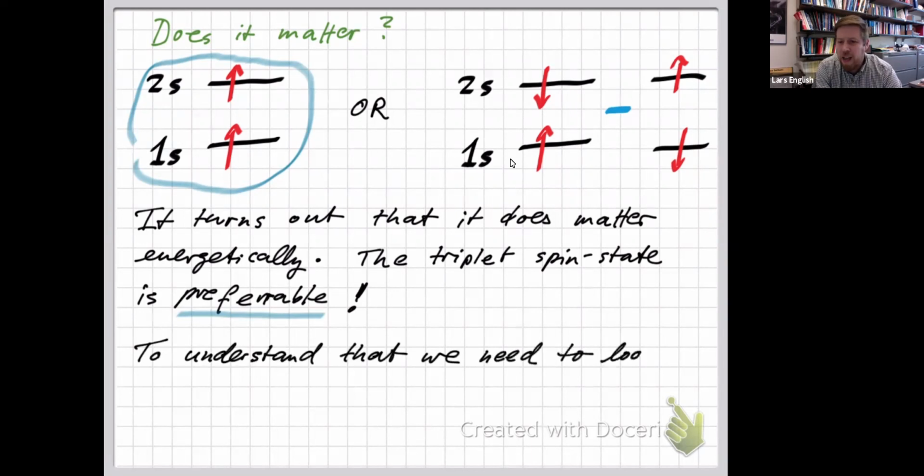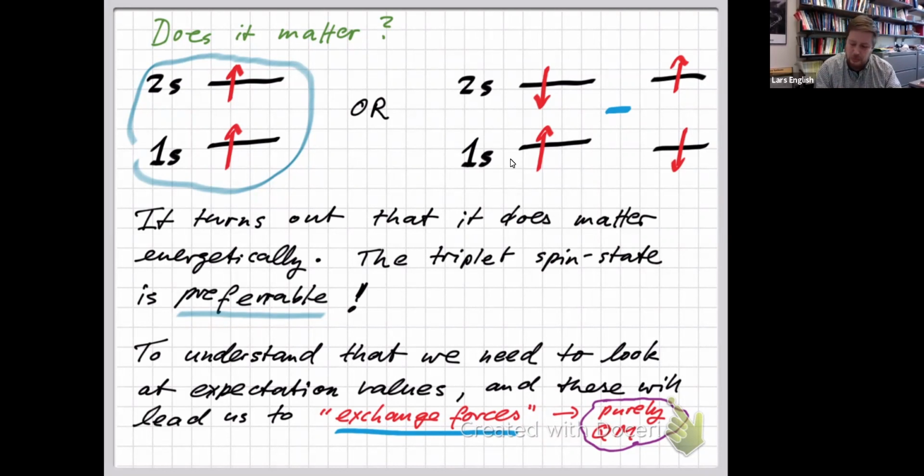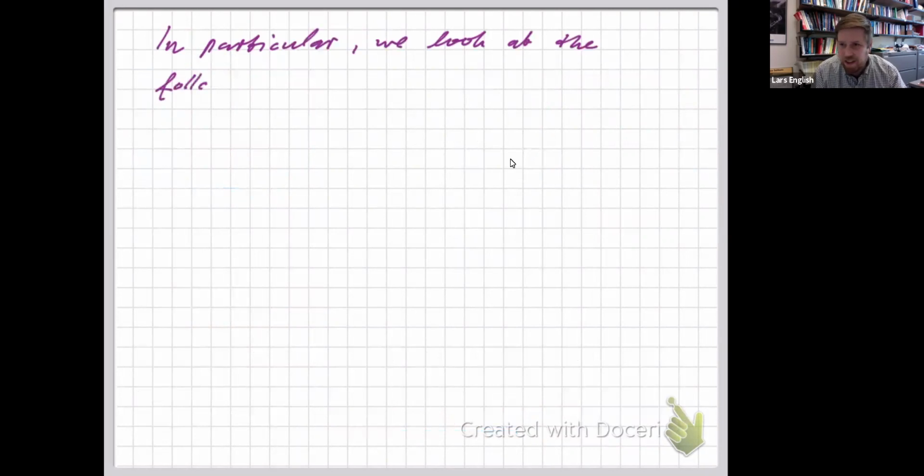And to understand why that is, we have to look at a particular expectation value, and that will then lead us to this notion of exchange forces. Without having said what exchange forces are, I will say that they are purely a quantum mechanical phenomenon that has no analog in the classical world. This is a purely quantum mechanical effect, kind of like entanglement.